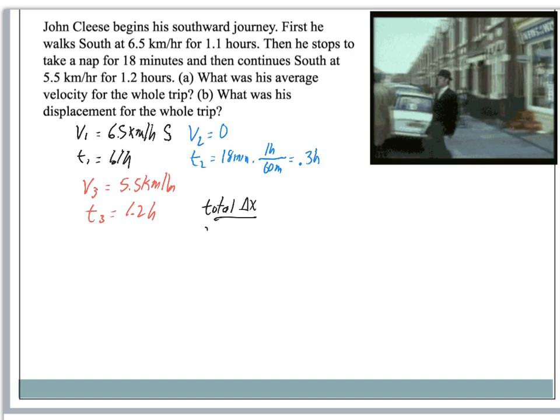We know that average velocity equals the change in x over the change in time, which means the change in x is going to be v times t. Let's look at the first part of the trip. I'll put little ones here so we know which one we're talking about. V1 is 6.5 kilometers per hour.